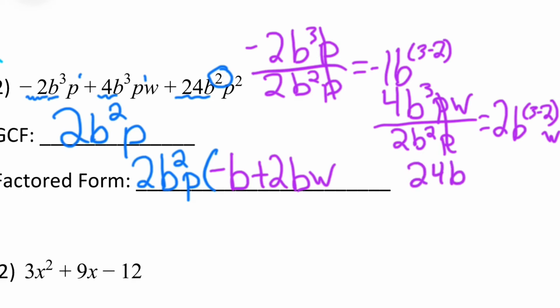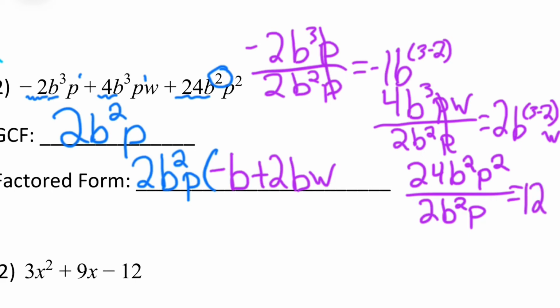Lastly, we have 24b squared times p squared divided by our 2b squared, which is our GCF, equals 24 divided by 2 is 12. Our b's cancel out.